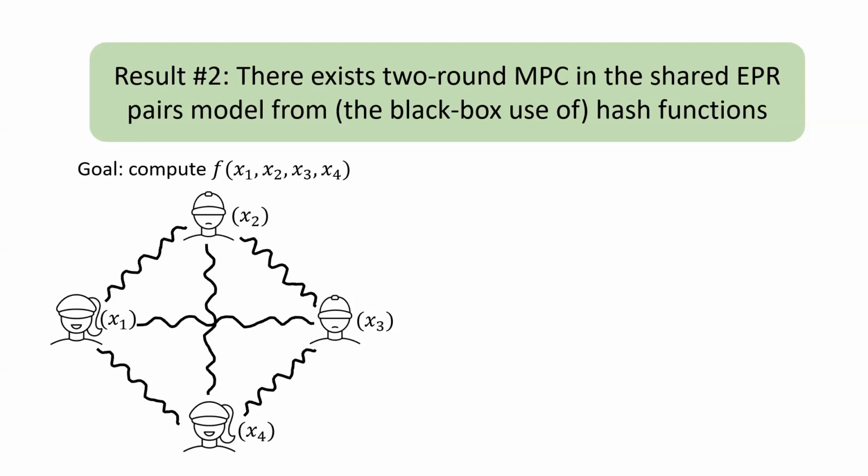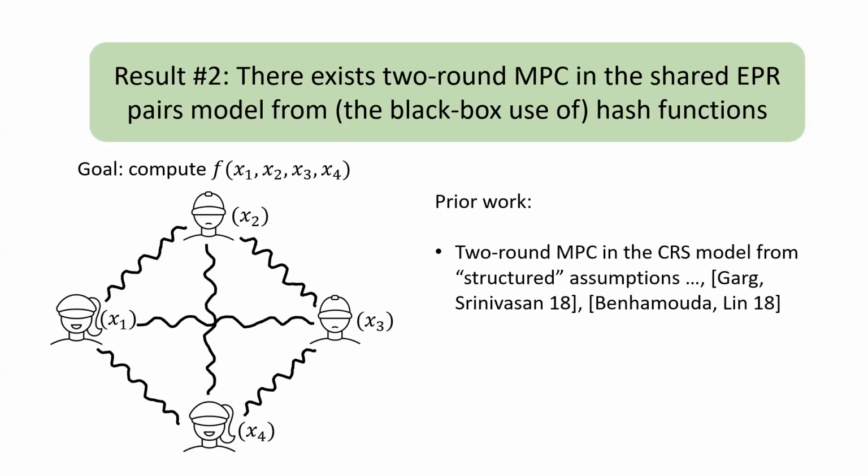There are two relevant lines of research to put this into context. The first is that if we're okay assuming structured assumptions, or assumptions that are used to build public key crypto, then there's a long line of work that culminated in showing that we can do round optimal, two-round MPC, even in a weaker setup model, the CRS model.